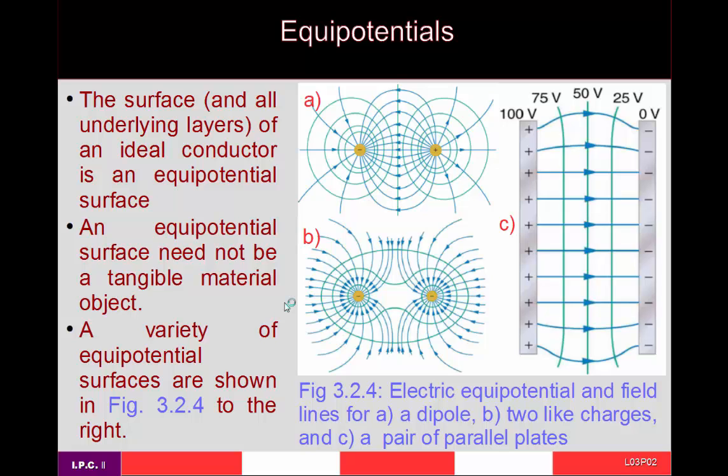There are certain surfaces which, in general, are equipotential surfaces. Basically, the surface and any underlying layer of an ideal conductor at equilibrium is actually an equipotential surface.